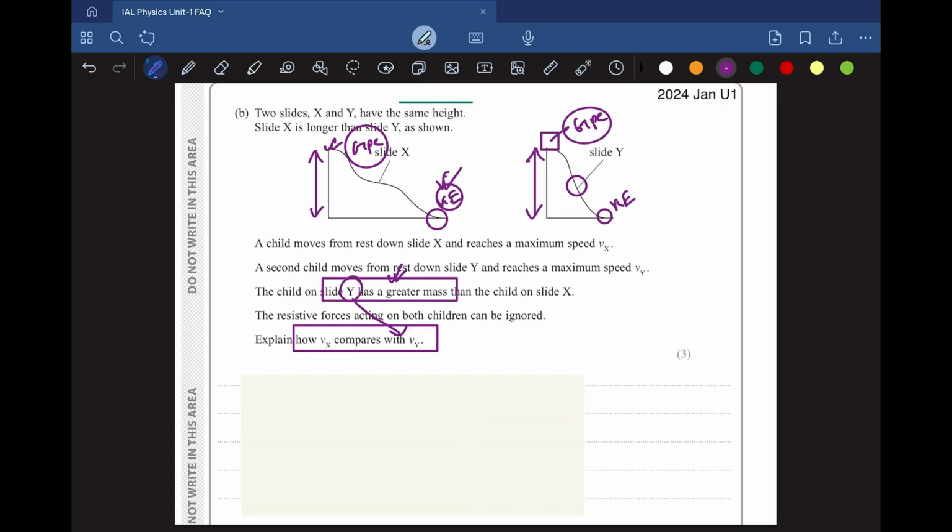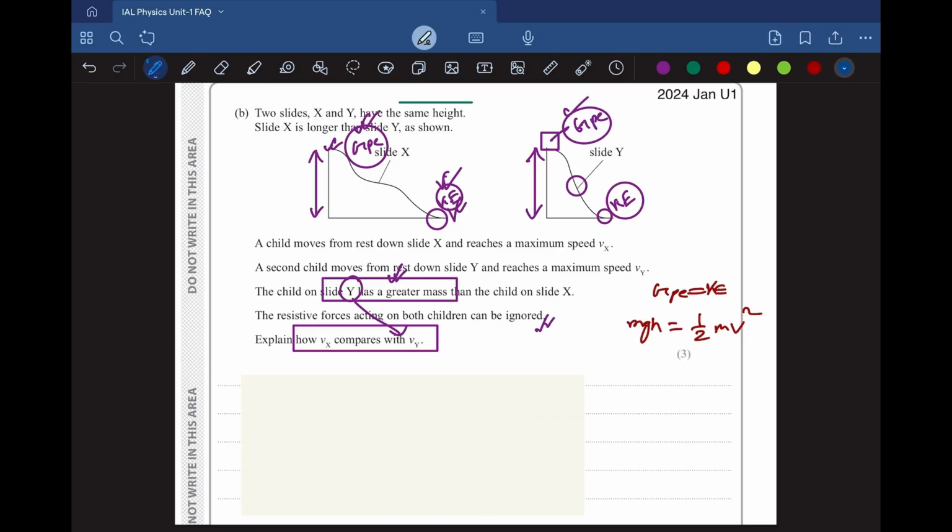Now we know the GPE at the top is equal to the kinetic energy at the bottom, because they haven't lost any, as there are no resistive forces acting on them. So we can say the GPE at the top is equal to the kinetic energy at the bottom for both of them. Let's write it down like this. GPE equals kinetic energy, and we know mgh equals half mv squared.